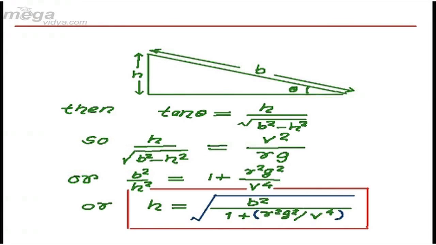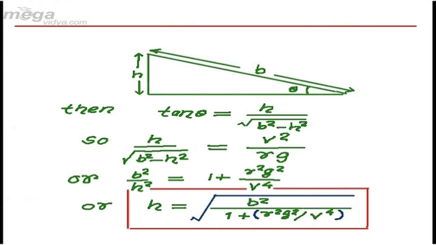Finally, solving it, we get h equal to under root of b square divided by 1 plus r square g square divided by v to the power 4.